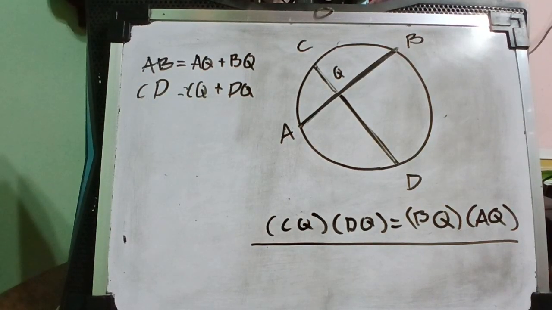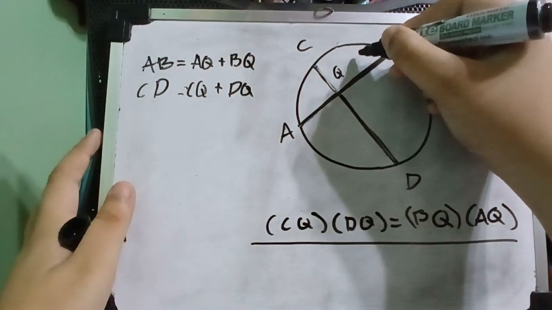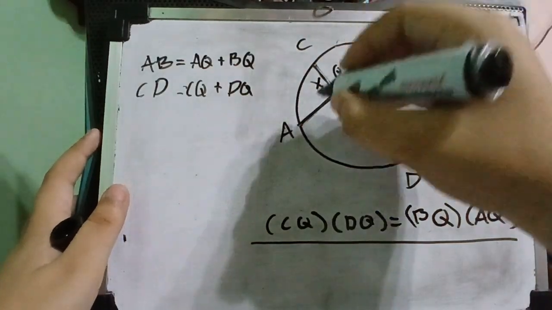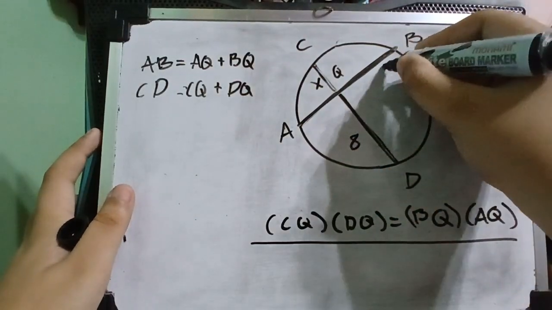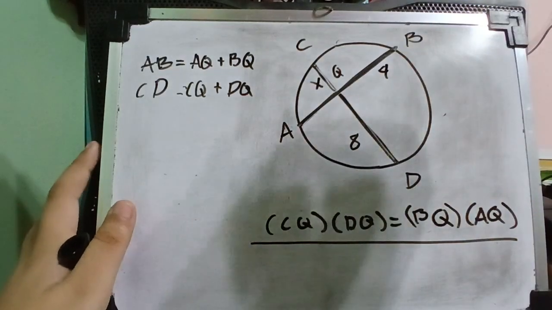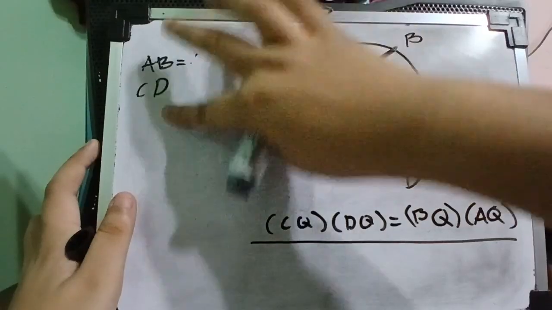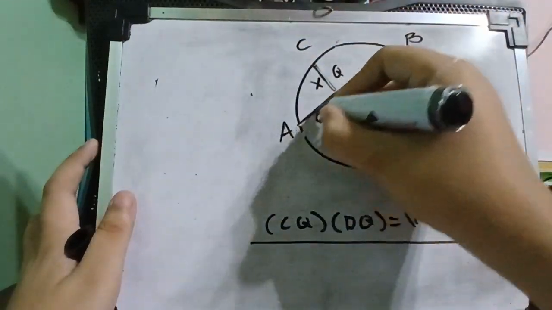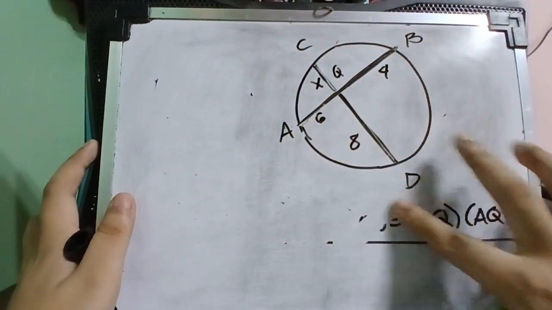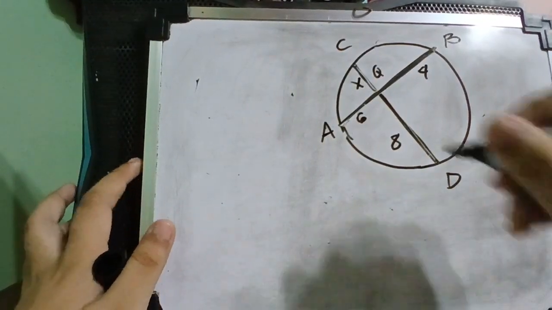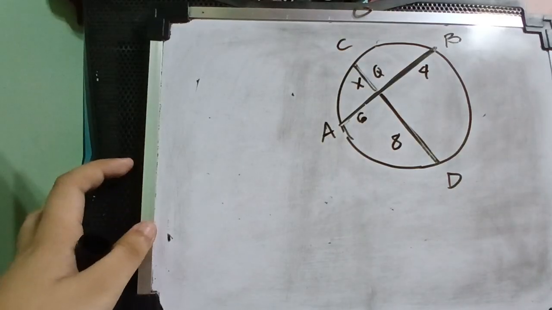Okay, example tayo. So, gawin natin X, and then dito ay 8, dito ay 4, dito naman ay 6. Okay, so sulat natin siya sa kanyang formula.